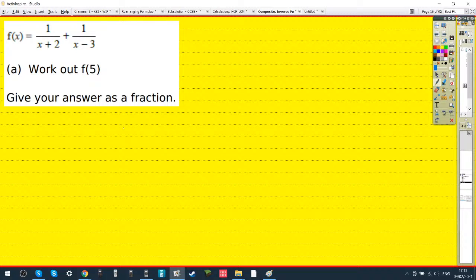F5. So you have to do 1 over 5 plus 2. That's okay. Then you need to add that to 1 over 5 minus 3.